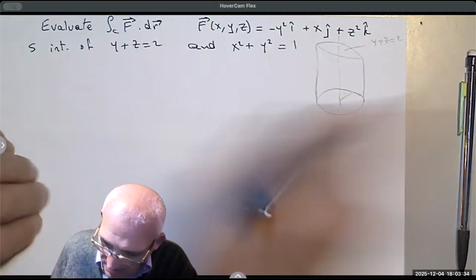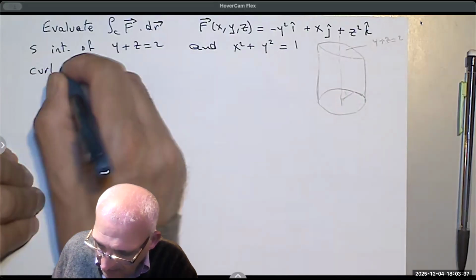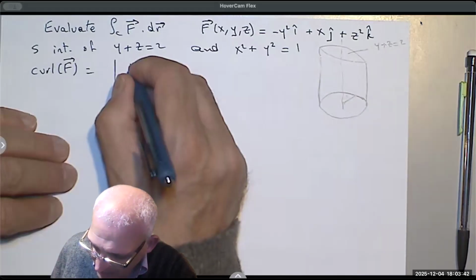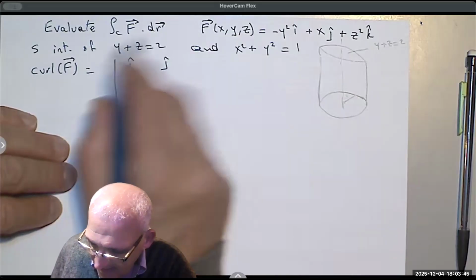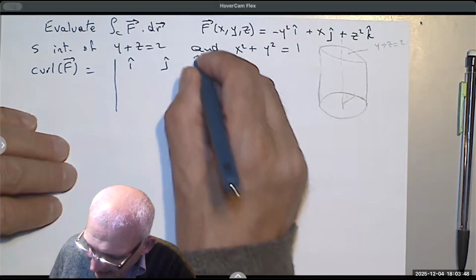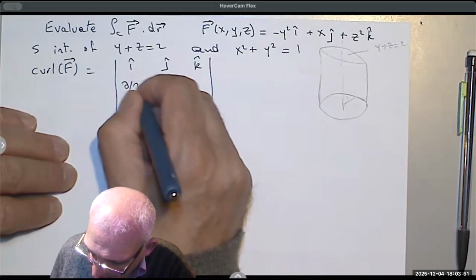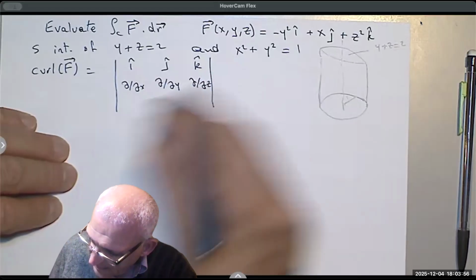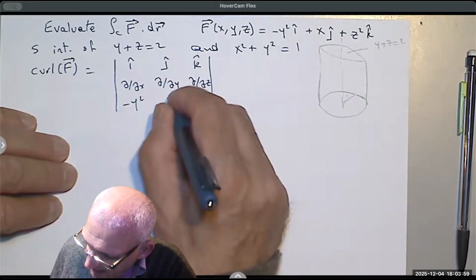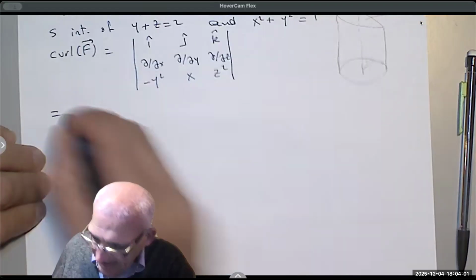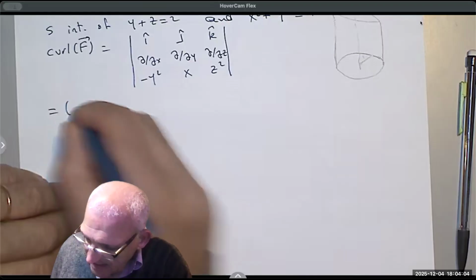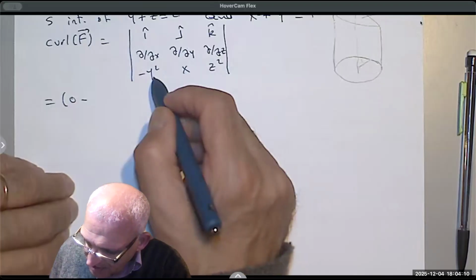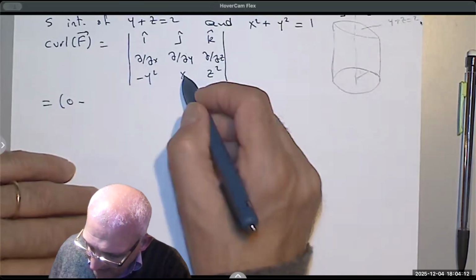Okay, so when we start calculating the curl of f, that's basically a cross product of the del operator and f. The del operator is partial x, partial y, partial z, of negative y squared, x, z squared. So what does that give? In the i direction, I get partial y of z squared is 0 minus partial z of x is also 0.